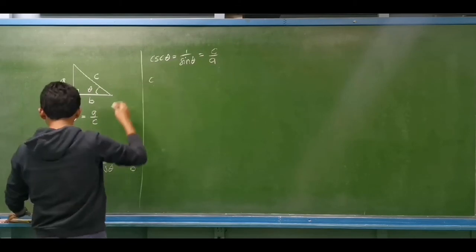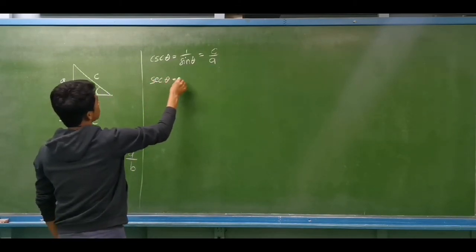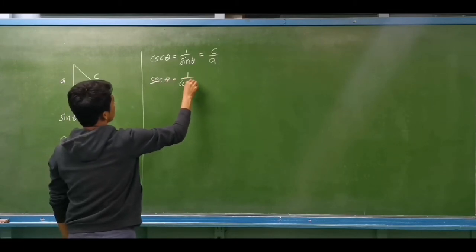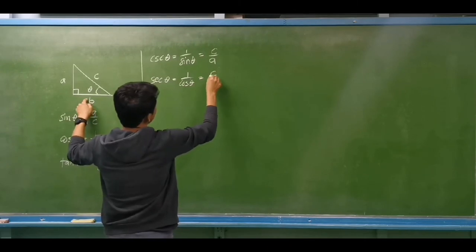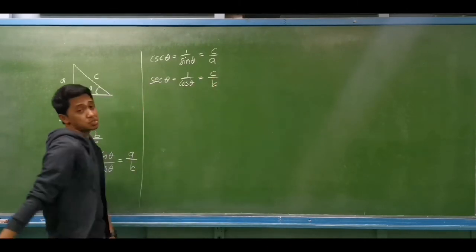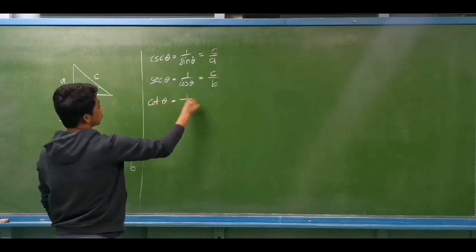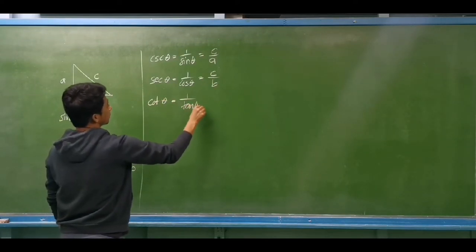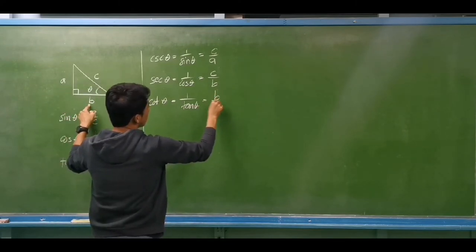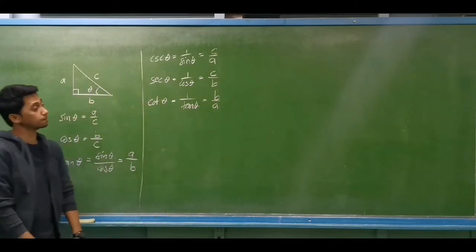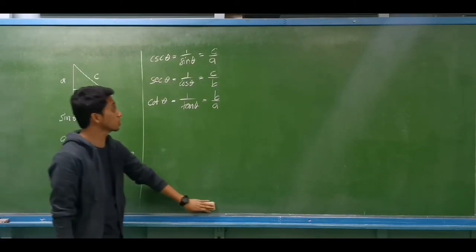We have the secant of theta. And the secant of theta is the same as 1 over cosine of theta. Or pareho lang yun sa hypotenuse divided by the adjacent side. And yung last, we have cotangent of theta is the same as 1 over the tangent of theta, that is the same as adjacent side divided by the opposite side. So these are the 6 trigonometric functions.